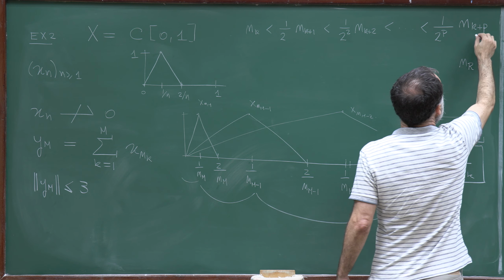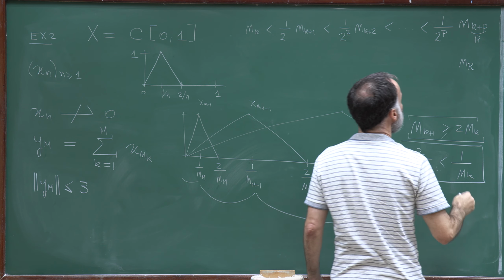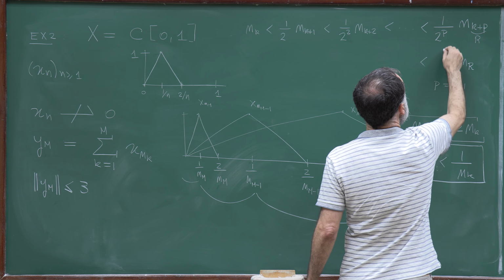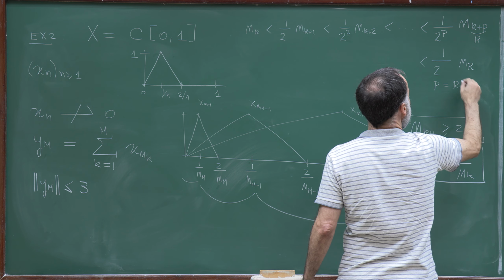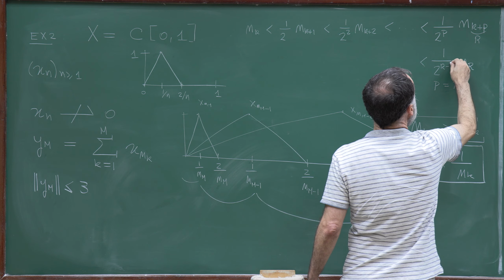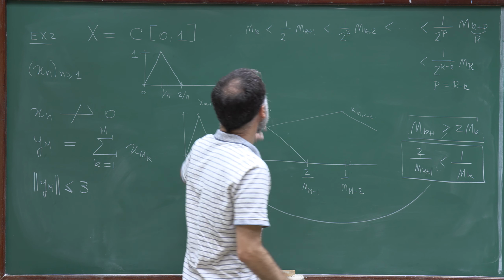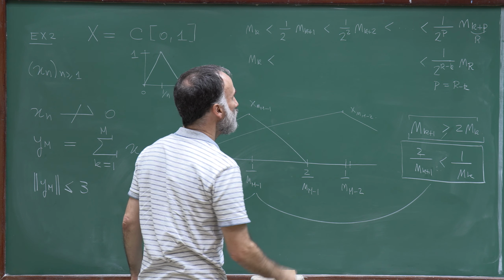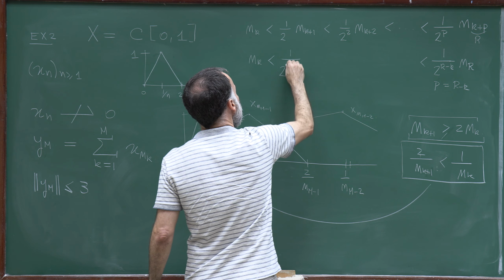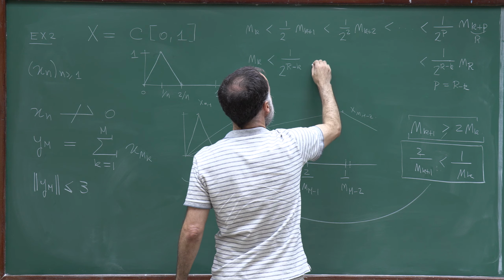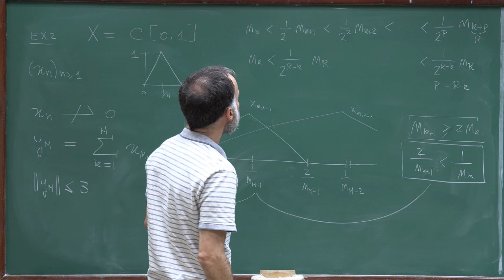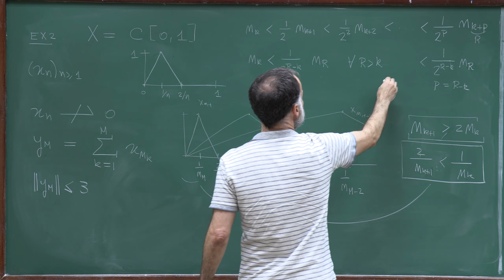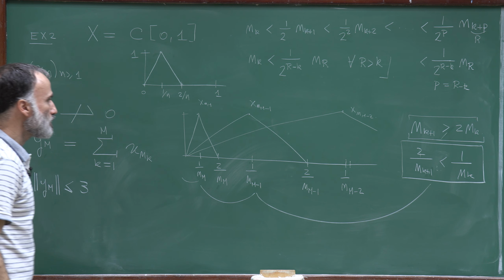So r is k plus p, which means that p is r minus k. And what I get is that this is bounded by 2 to the r minus k times n r. So the inequality I obtain is that n k is smaller than 1 divided by 2 to the r minus k, times n r. And this holds for all r larger than k.